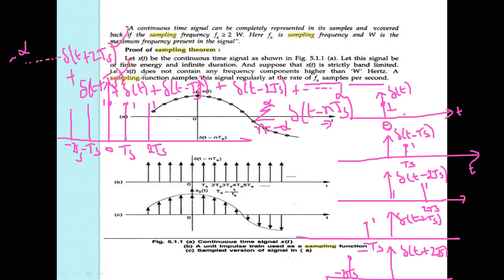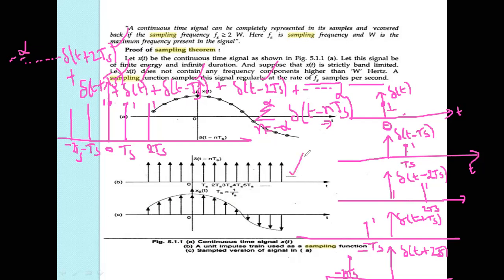When n is 0, delta of t. When n is 1, delta of t minus Ts. When n is 2, delta of t minus 2Ts. All the impulse signals added from minus infinity to infinity can be written as the sum over n from minus infinity to infinity of delta of t minus n Ts. Got it, my dear students?